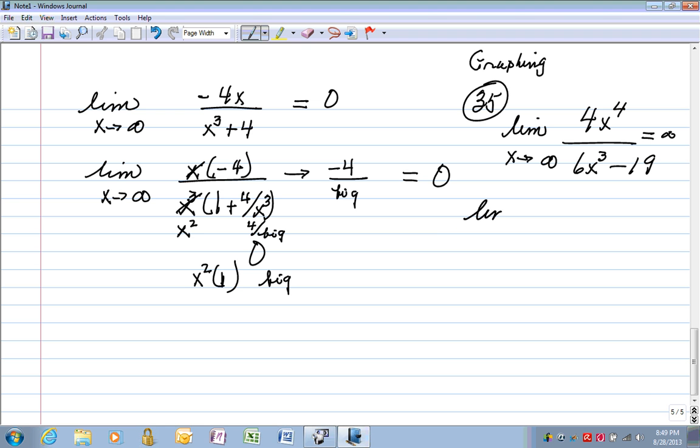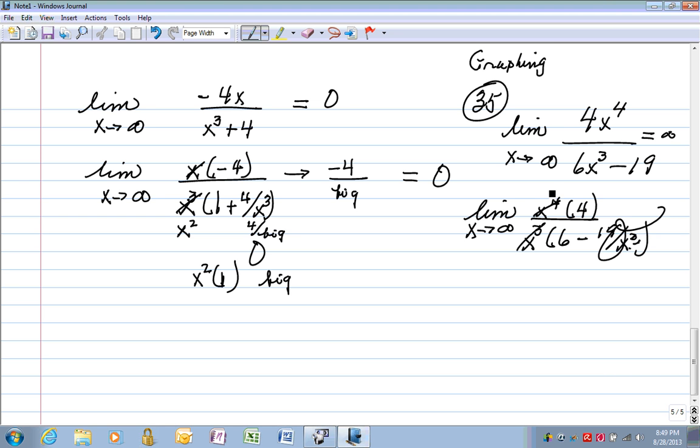Now, let's prove it by that theorem of factoring out the highest power of the top and bottom. As x goes to infinity, 19 over x cubed is going to be 0.